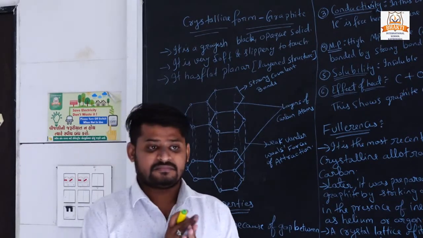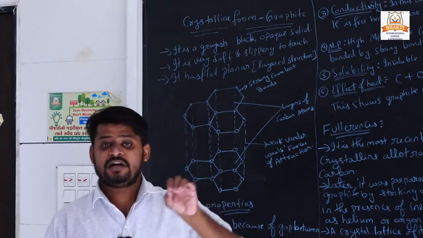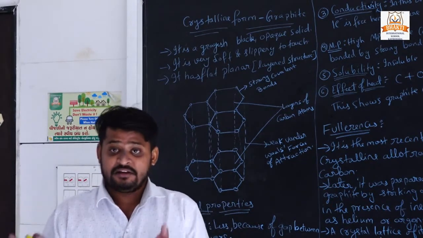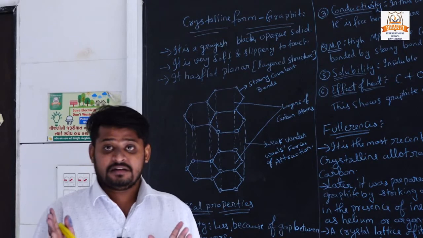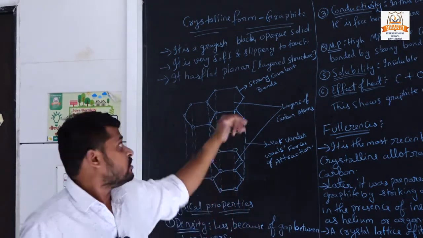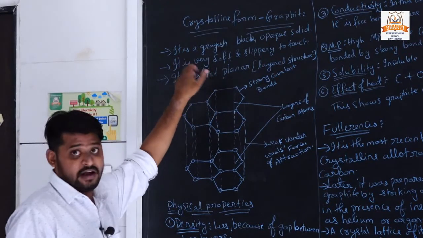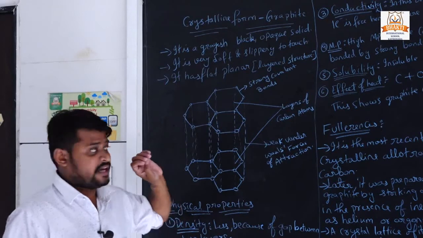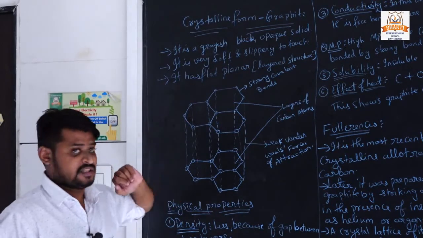That's why we use lubricant. In heavy vehicles and heavy machines, to avoid friction, we use graphite in powder form as a lubricant, because it is slippery by nature.